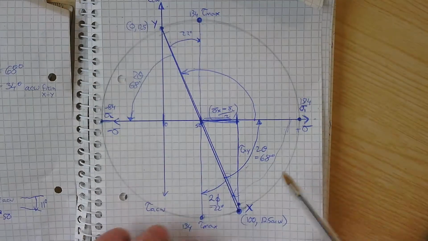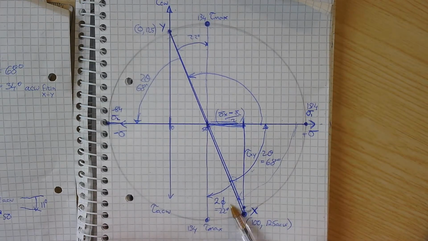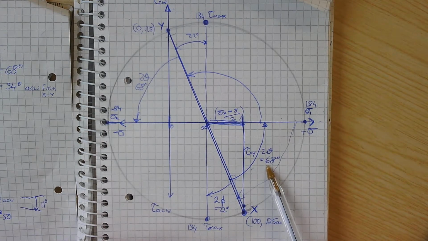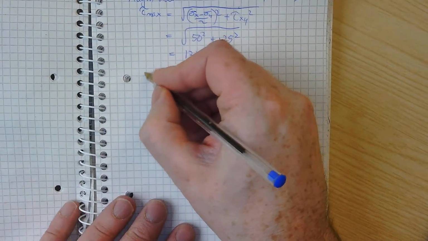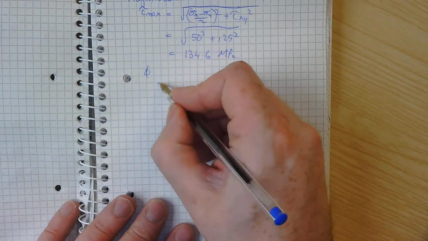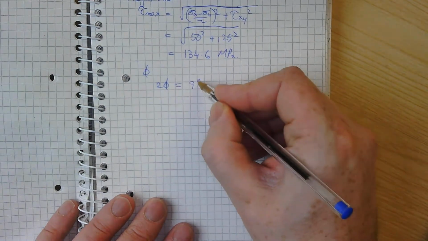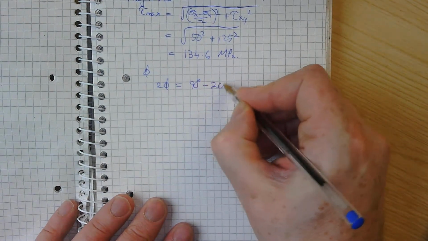The angle that it occurs at: 2 phi is equal to 90 degrees minus whatever 2 theta is. So 2 phi is equal to 90 degrees minus 2 theta.